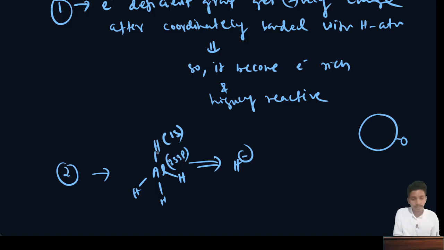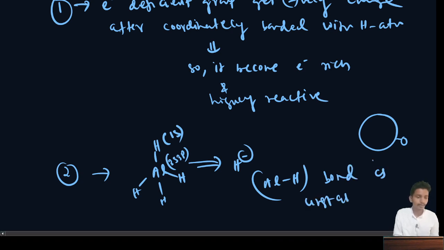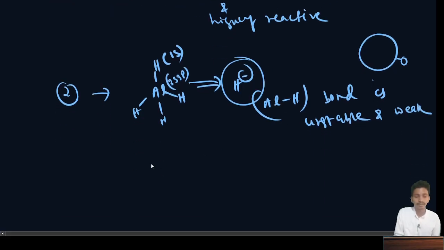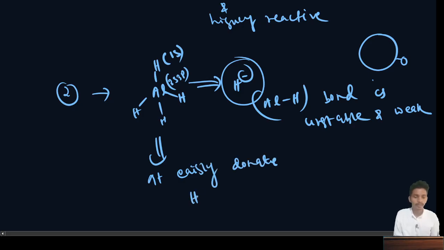That's why this aluminum hydrogen bond is unstable and weak, so it is highly reactive and can easily donate hydrogen atoms.